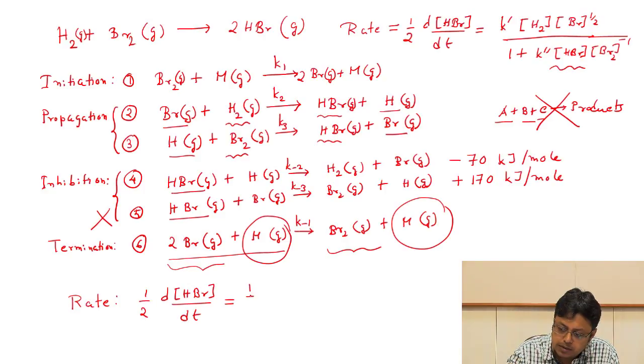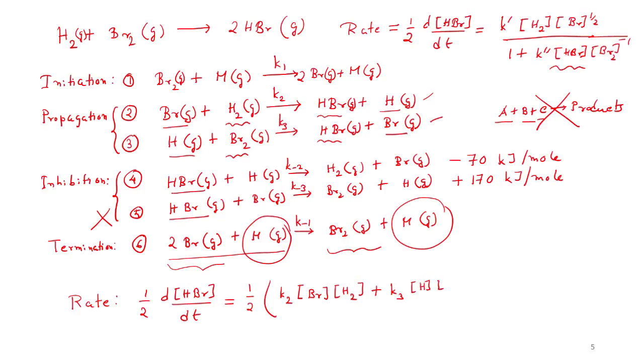HBr is formed in step number 2, so it will be K2 times Br into H2, and it is also formed in step number 3, which is K3, that's why I'm writing a plus sign, into H into Br2, and we see that it is consumed in step number 4. We have ignored step number 5, so we'll use a minus sign.